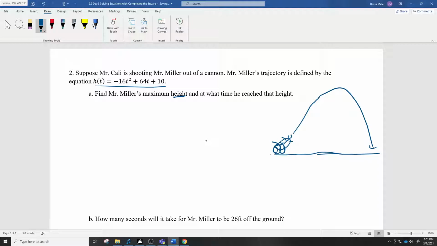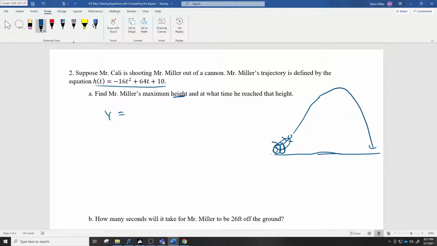So we will go ahead and change this into vertex form. We don't know the height. And what time would that be? So I guess we'll just leave this. Maybe we'll change this to y to make it a little easier.